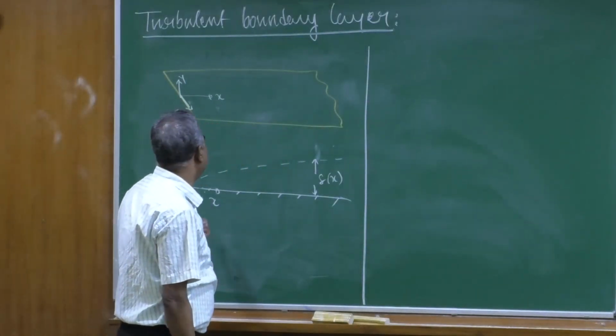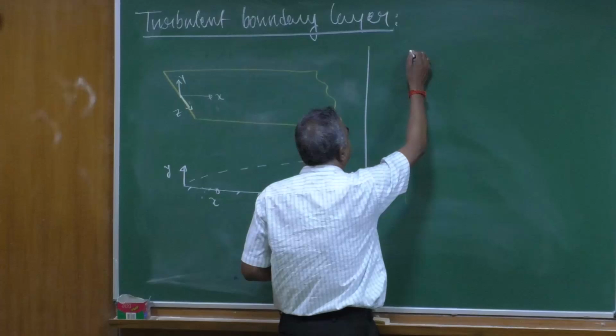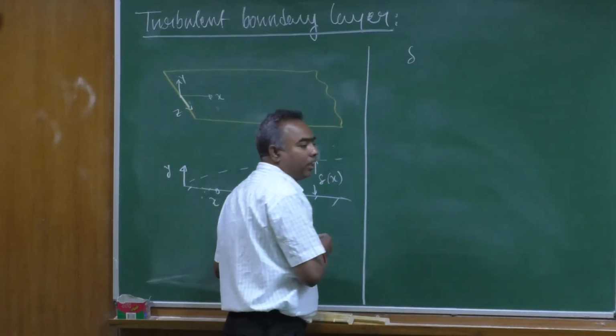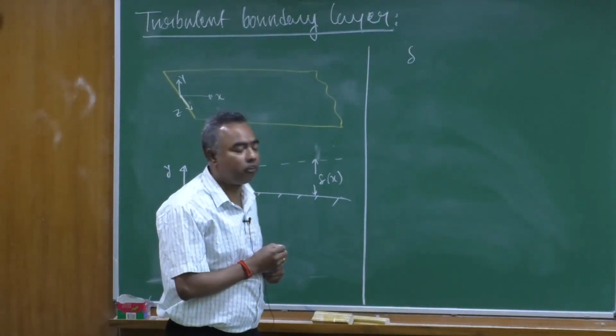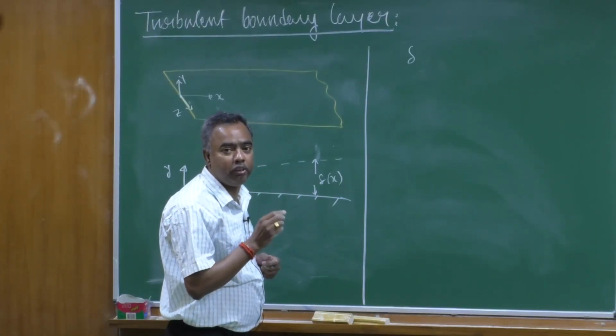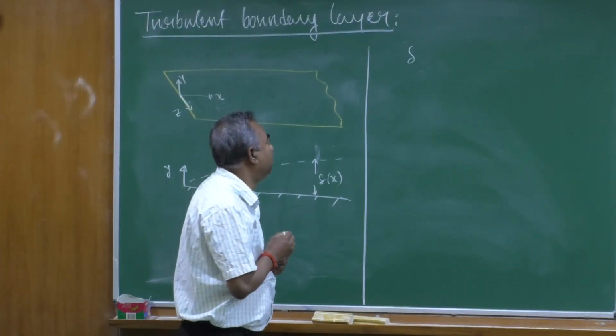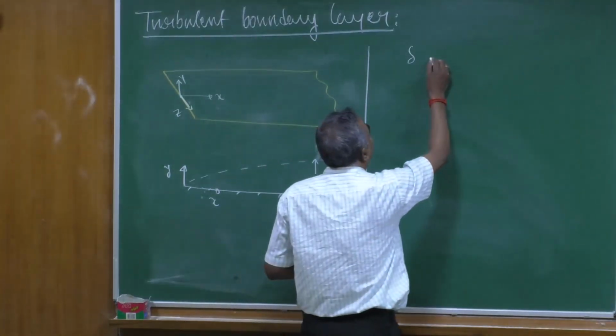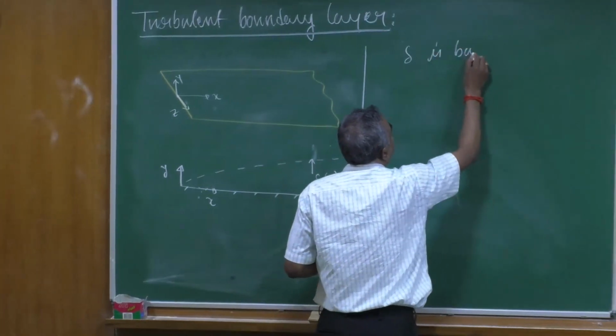So there are some measures we have talked about, for example, the delta. Okay. So, boundary layer thickness is based on the distance where the velocity is going to be 0.99 u infinity.